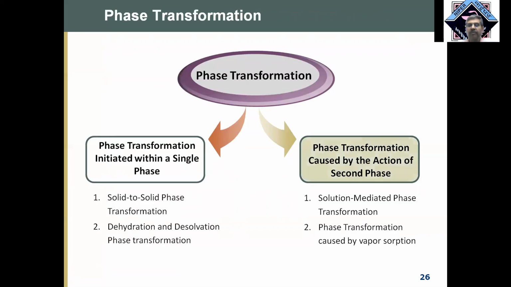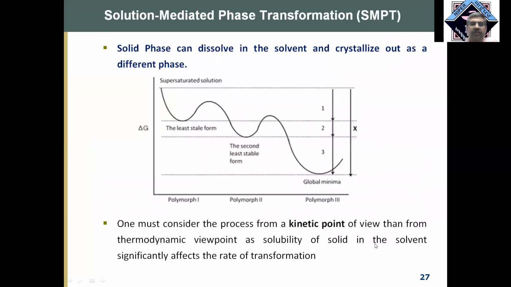The second type of phase transformation is phase transformation caused by the action of a second phase. Two mechanisms exist in this particular way of phase transformation. First one is solution mediated phase transformation, and the other one is phase transformation caused by vapor sorption.